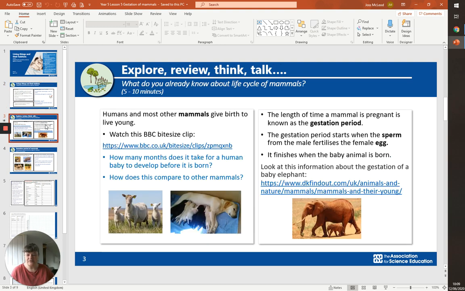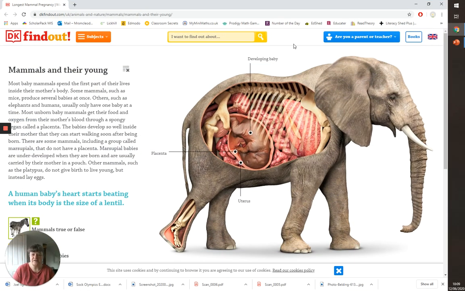All right, so I wanted you just to check. I wanted to show you this image. It's a really nicely done cutaway drawing of an elephant, and obviously it's just a drawing, but you can see here's the elephant baby growing in there.